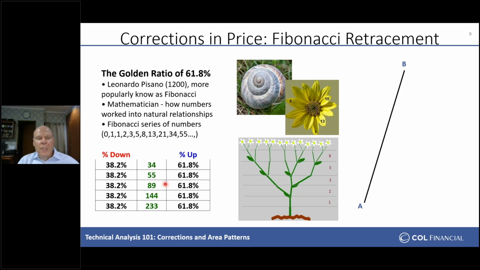Using the numbers that we have here, 38.2%, 61.8%, and the middle ground, which is 50%, we will draw those as potential reaction areas for this study. So the 38.2 is this, the 61.8% is this, and we just get the halfway point of a regular pullback, which would be 50%. Now this is the way this should work.